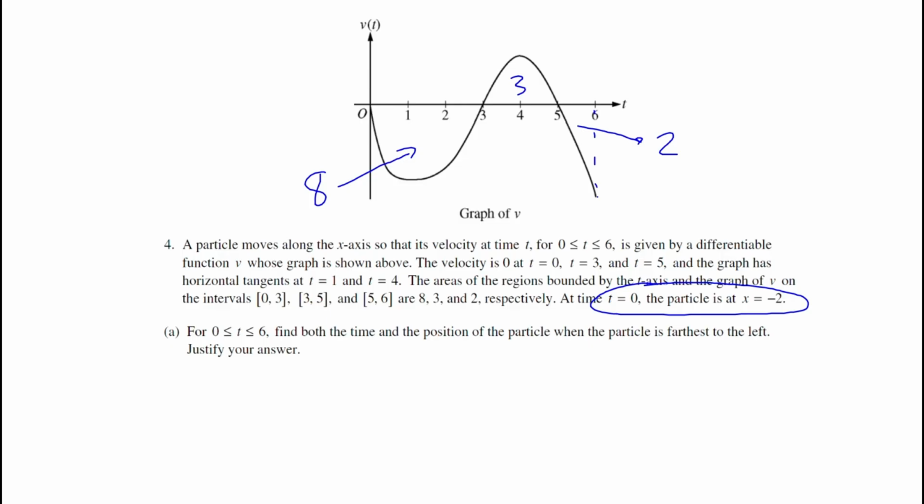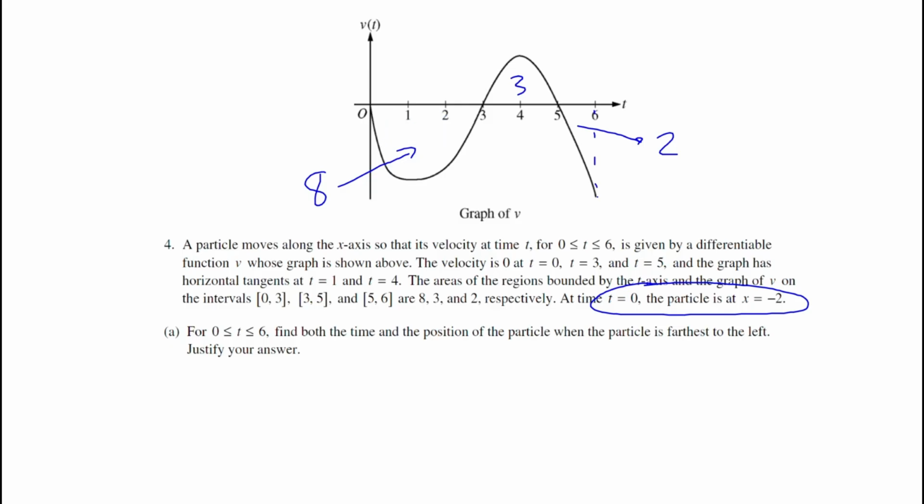For 0 to 6, we want to find the time and the position of the particle when it is farthest to the left. Well, the particle starts at -2, and then it's moving left because our velocity is negative. How far did it move to the left?